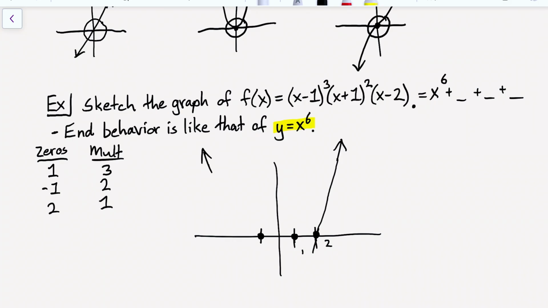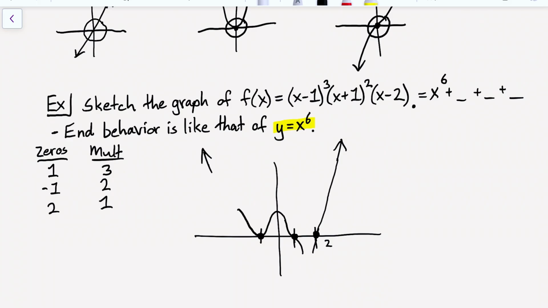The graph is going to appear cubic near that zero. So it's going to go up through this zero in this shape. And for the zero at negative 1, there's a multiplicity of 2. So the graph is going to appear quadratic near that zero. It's going to touch the x-axis and then rebound.